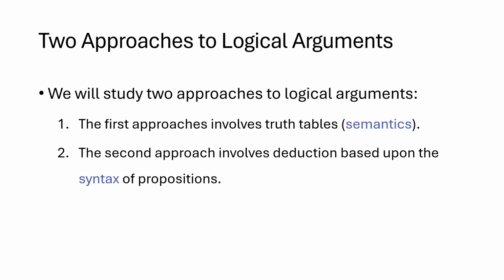The problem with the first approach is, if your premises and your conclusion have many variables involved, then the size of your truth table is going to grow exponentially. And that means that this approach is easy but not as efficient.